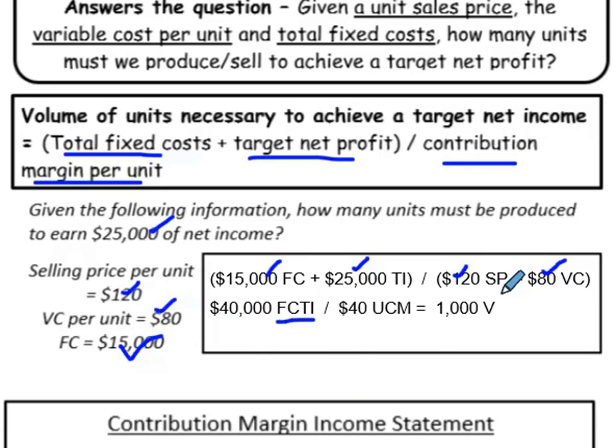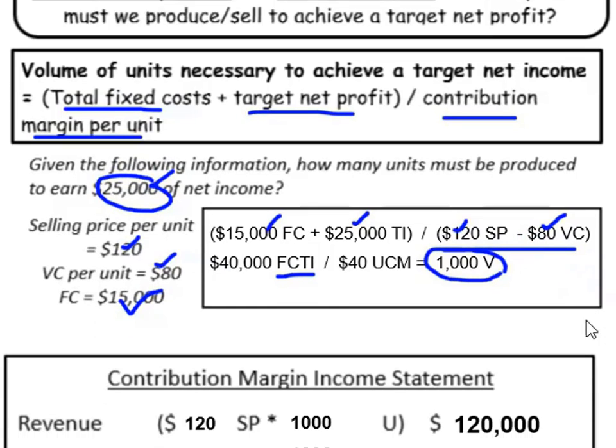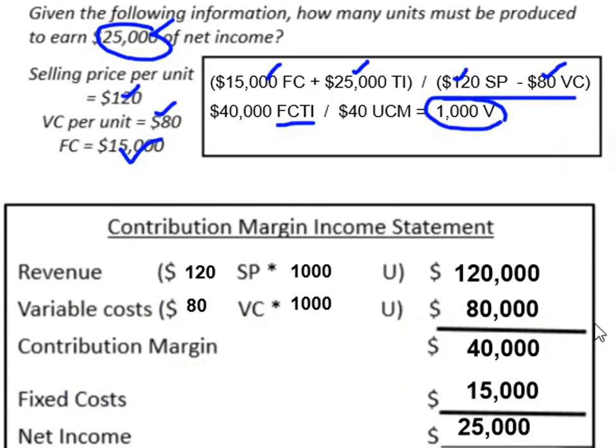We divide that by our $40 unit contribution margin, and when we do that, that means we have to achieve a volume of 1,000 units to produce and sell in order to achieve our target net income, in this case of $25,000.